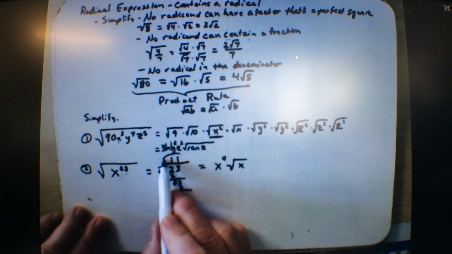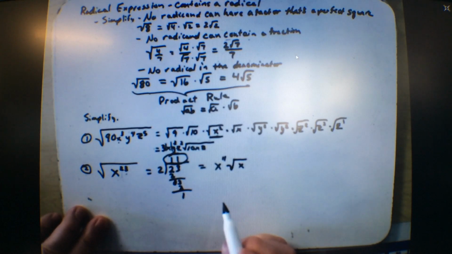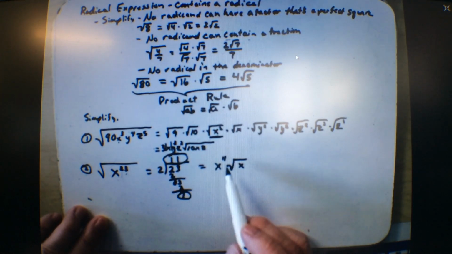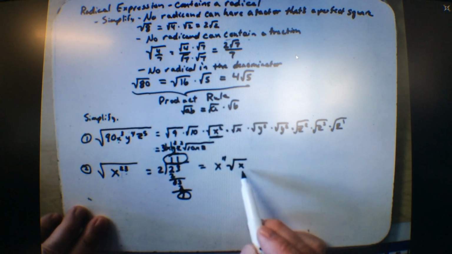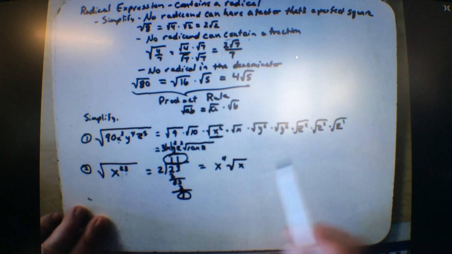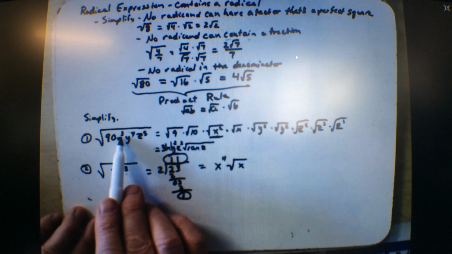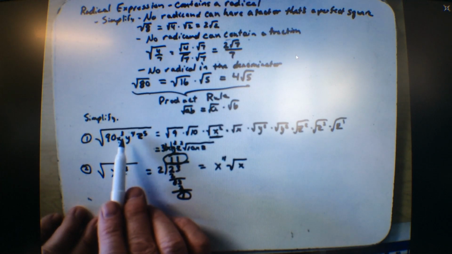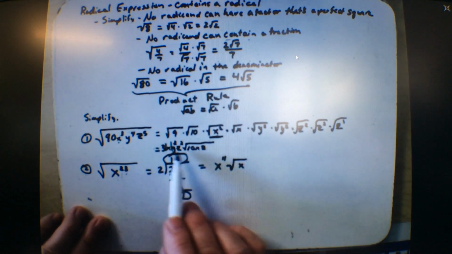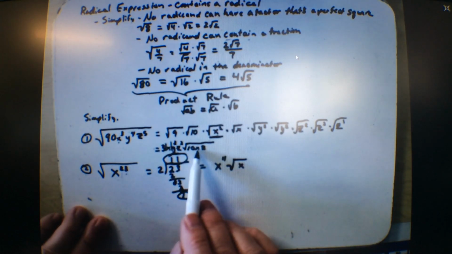This number right here tells you how many come out. This number right here tells you how many stay in. So 11 x's come out, 1 stays in. Let's check it. 3 divided by 2 is 1 with 1 remainder, correct? So 1 x comes out, 1 stays in.